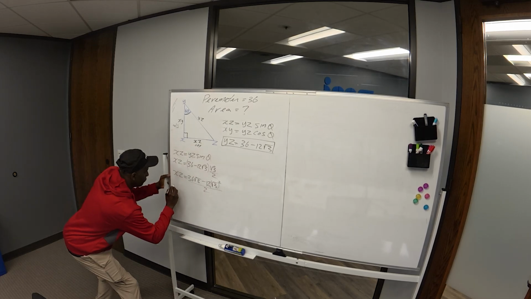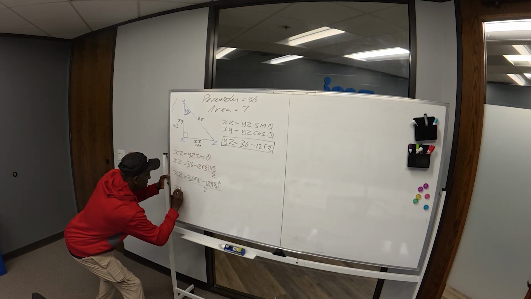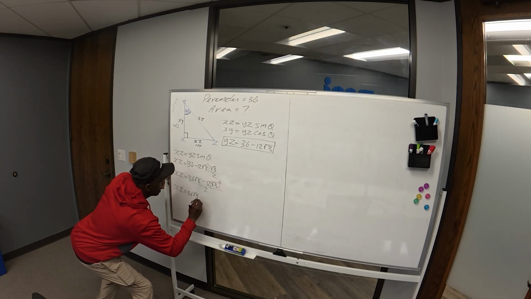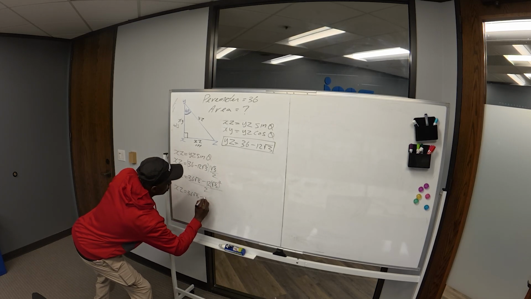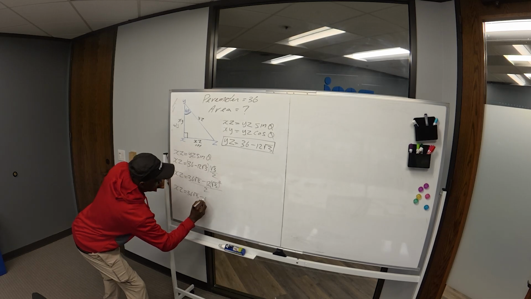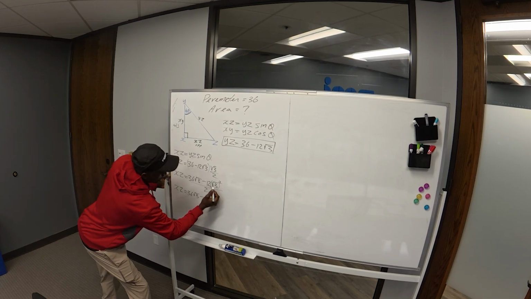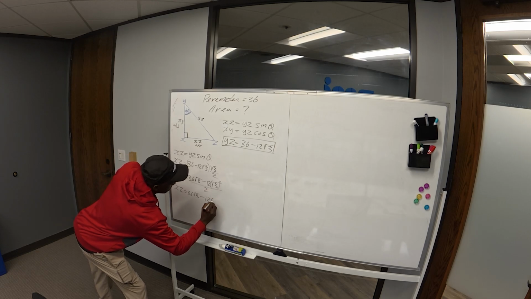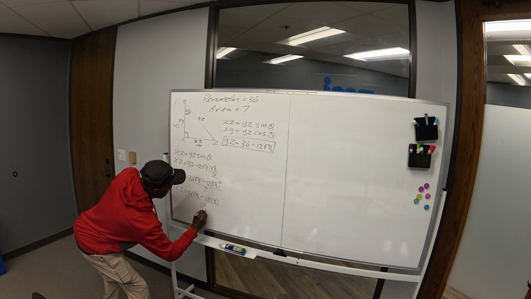And we can go even further and say XZ is equal to 36 square root of 3 minus 12 times 3, all over 2.